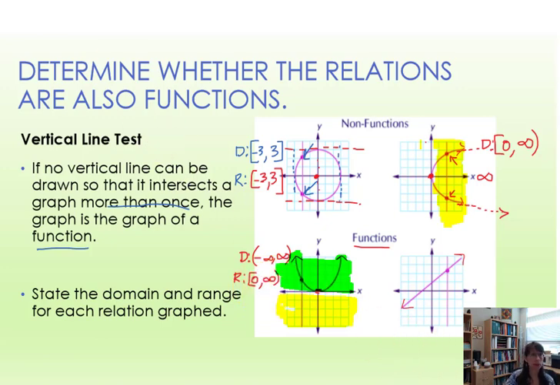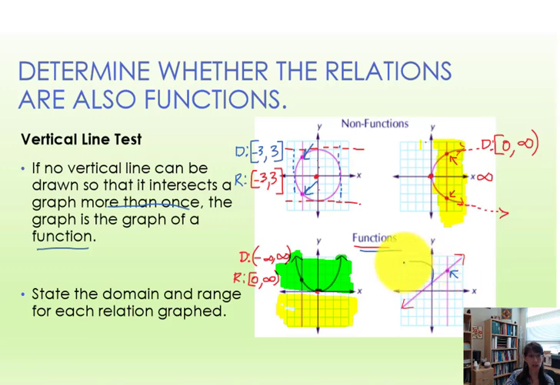In our last example, we are given this straight line. Here's the vertical line test. Again, we can see we have only one point of intersection. So there's no repeated x values. Every x value is paired only with one y value. So that makes this a function. To determine the domain, we're looking at x values.